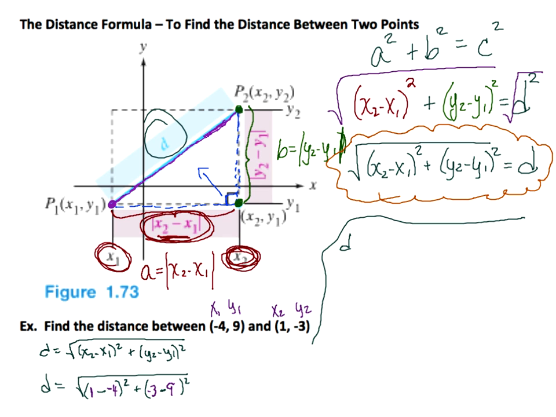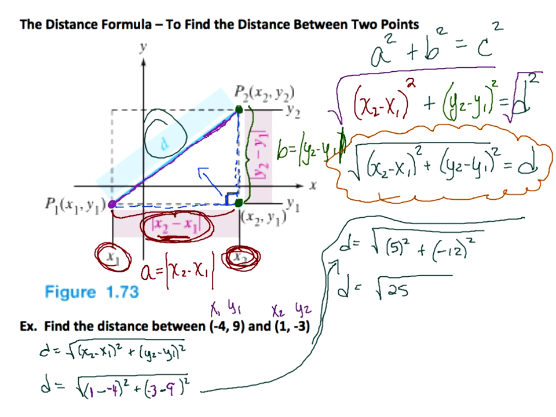So d equals the square root of, well, x minus negative 4 is really x plus 4, so that's 5 squared plus negative 3 and negative 9 make negative 12 squared.